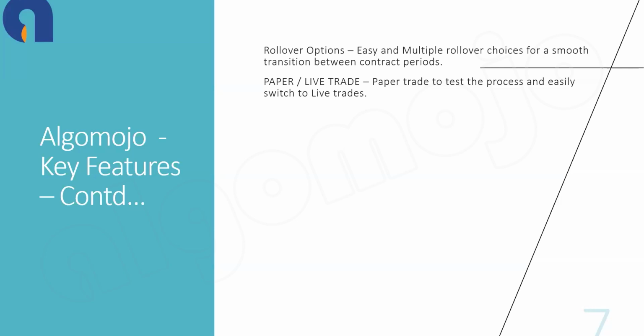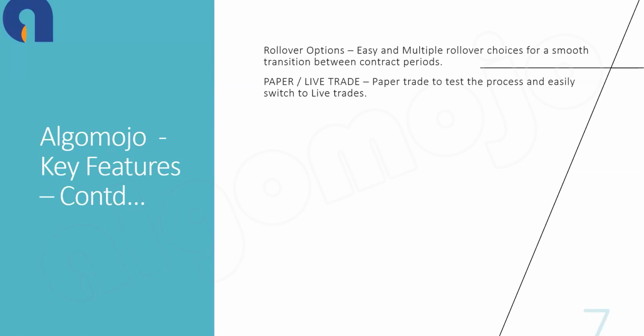The purpose of providing paper trade is to check whether the entire process is running as per your requirement. It is not meant as a back testing tool as such, I would say. It is to check whether, whenever the signals are generated, they are getting executed in the platform. Is it taking the right strike prices that you have defined, the right quantity that you have defined?